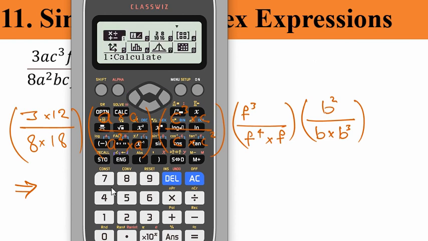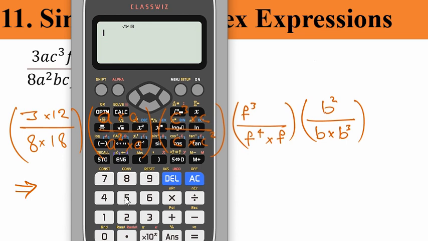So what you will do is 3 multiply 12 divided by 8 multiply 18, and you get 1 over 4. Or else you can try 3 multiply 12 over 8 multiply 18. So you get your simplified expression 1 over 4.